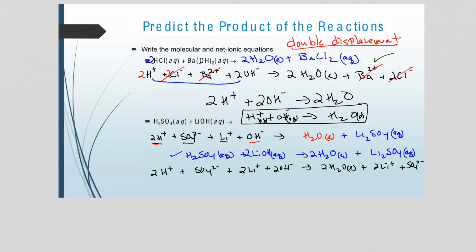We get rid of spectator ions, right? So we get rid of our lithiums, we get rid of our sulfate, and again, what are we left with? 2H plus, 2OH minus goes to 2 waters. And again, we can simplify this to give us H plus aqueous plus OH minus aqueous goes to water.